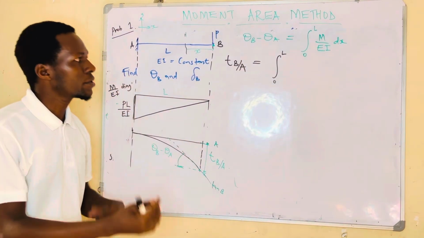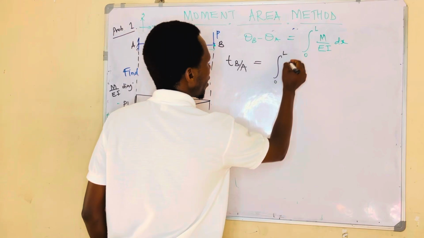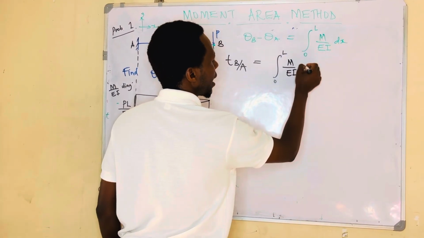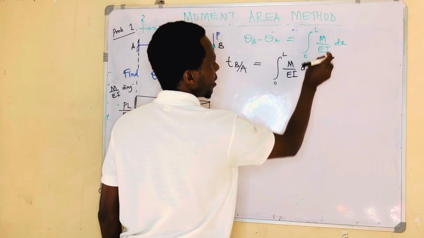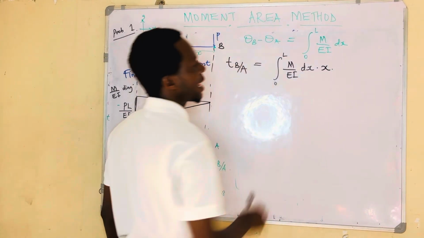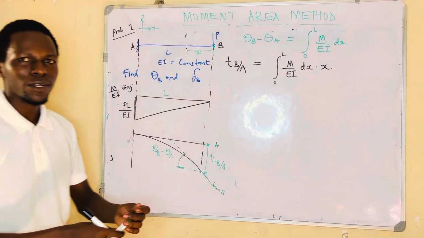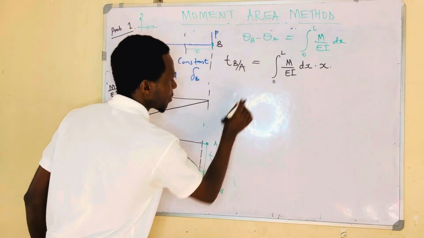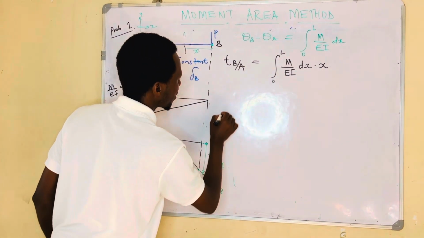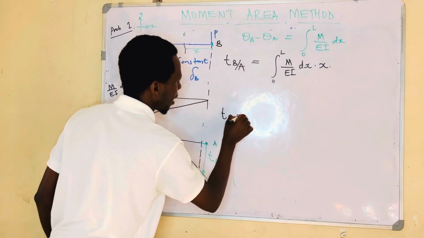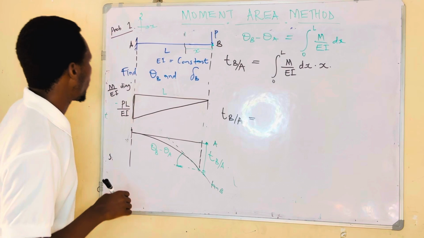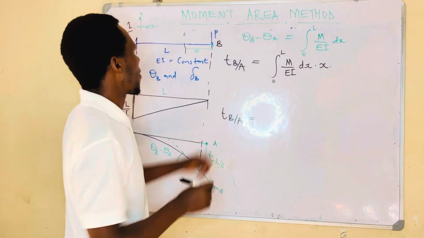Okay, 0 to L. Then I have M by EI dx, multiplied with another x, right? That was our second theorem. So from this second theorem, first of all, what is our M?